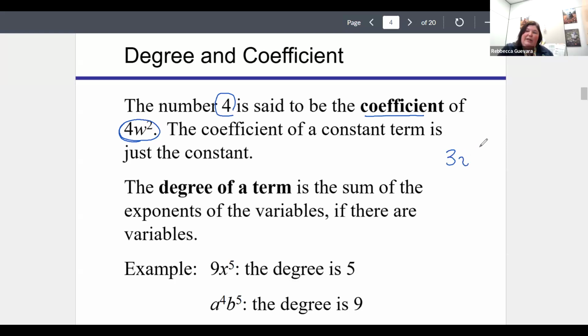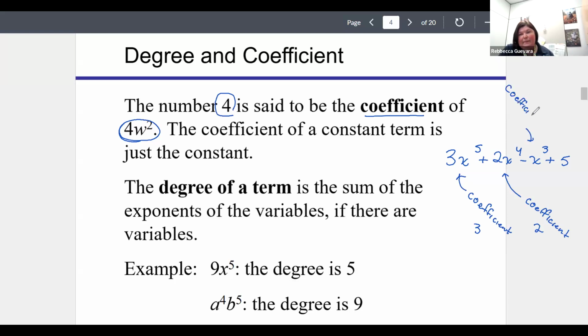So if I had 3x to the 5th plus 2x to the 4th minus x cubed plus 5, the coefficient of this term would just be 3. The coefficient of this term would just be 2. The coefficient of this term would just be negative 1, because we got that negative there. So we have to include that negative, and then there's that invisible 1.